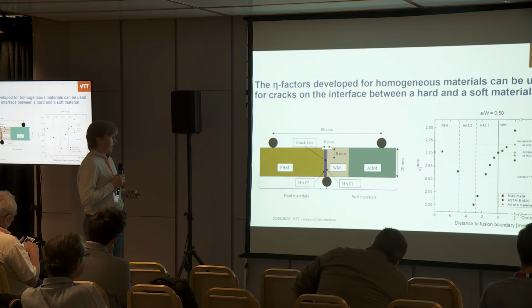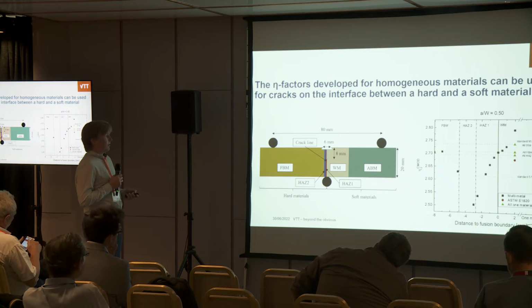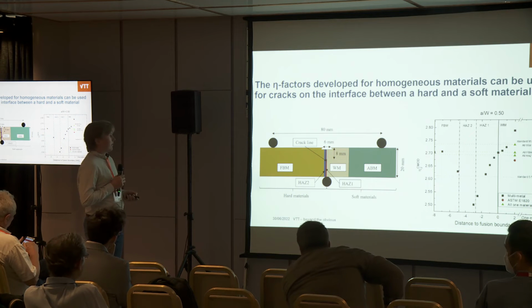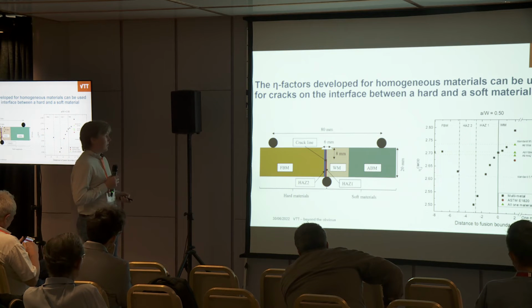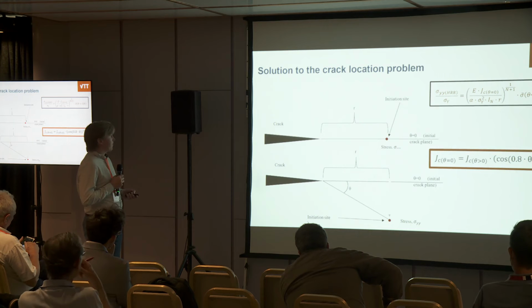So that helps us to apply the standard. But if you are way further away from the fusion boundary, then the strength mismatch condition of the different regions might alter the eta factor, and you might get even a 20% difference or 15% difference in your result if you don't take into account the strength mismatch.